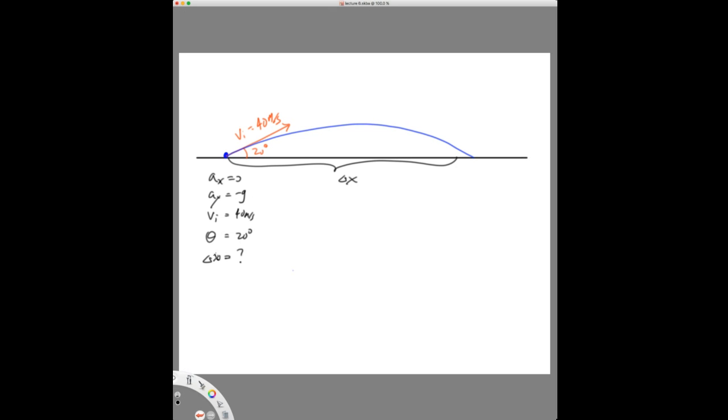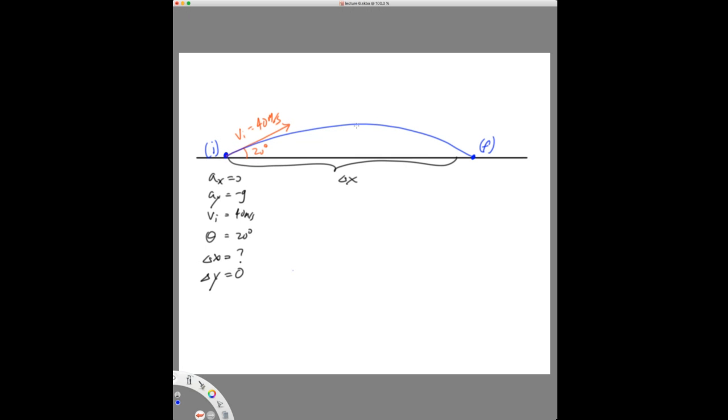So delta y would be 0 because we're at a level playing field. Exactly. So delta y equals 0 because the initial height is 0 and the final height is 0. And so from start to end, it's sometimes good if you kind of label initial and final, because with this same picture, someone else might be asking how high does it go?